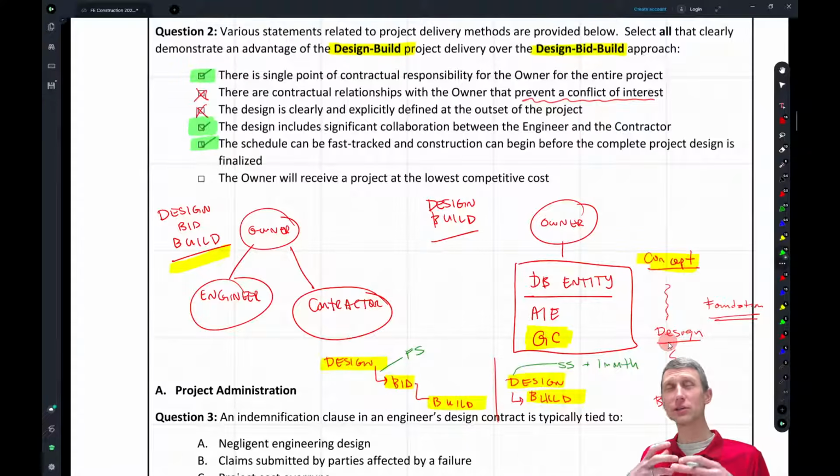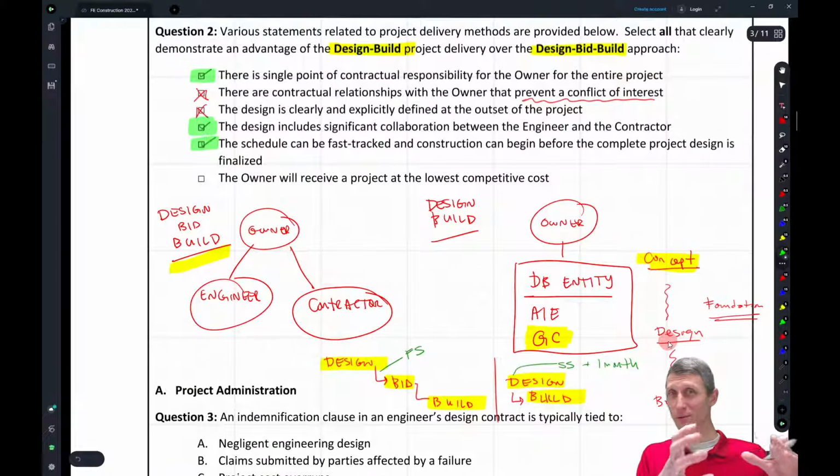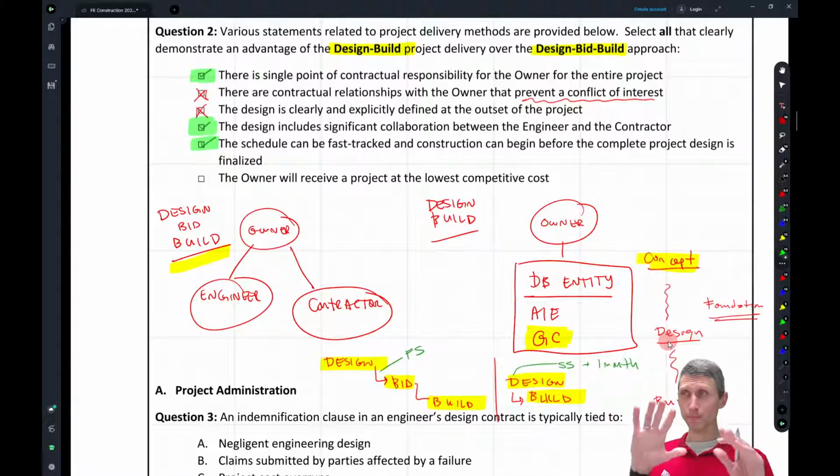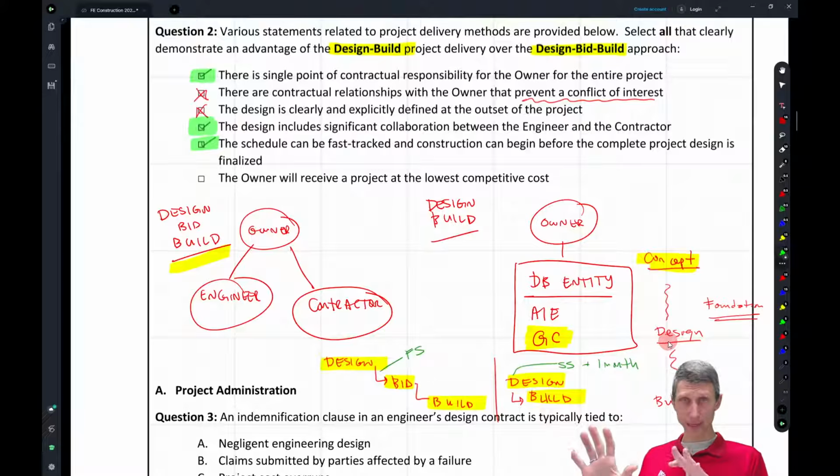What you're doing, again, is you're getting some concept out there, but you're not going to get the lowest competitive cost necessarily. You're going to get a cost where they have to come in within a certain project range or cost range, but they're not going to get the lowest competitive cost on a design build. They might get some low rates potentially, where the owner will say, okay, we want your labor rates, your design rates, and we'll compare those rates to other firms or other entities.